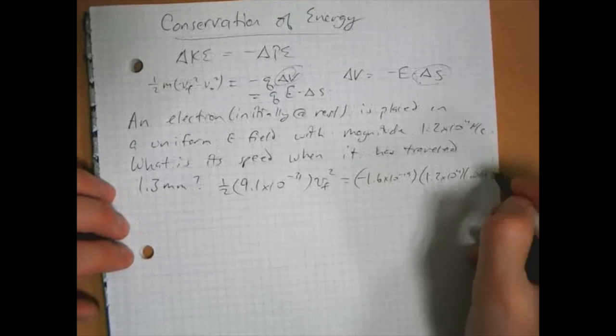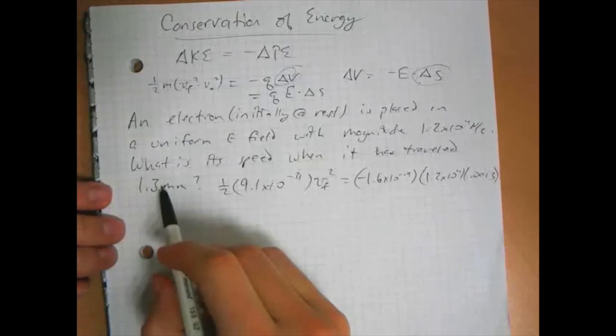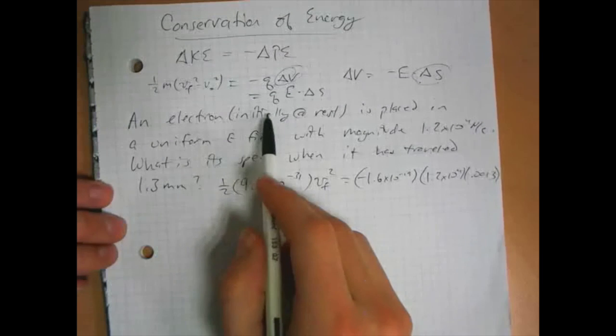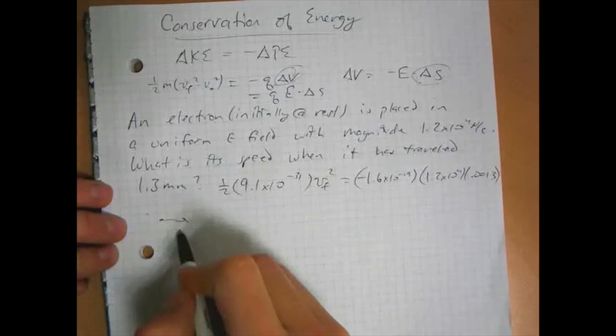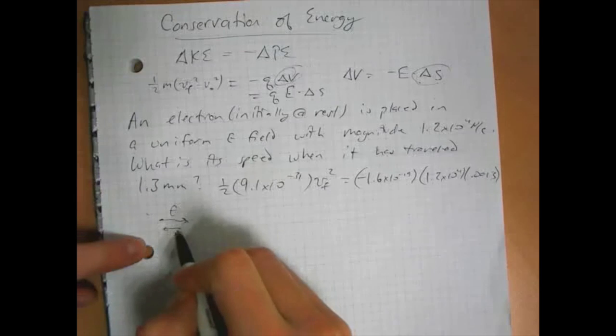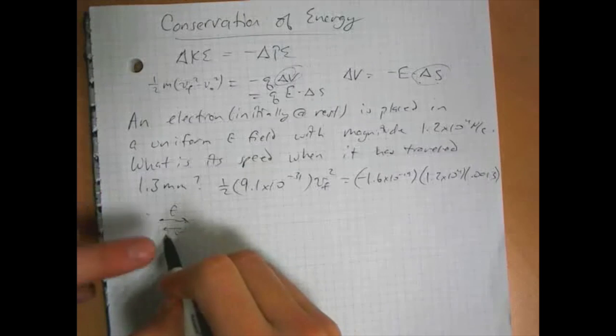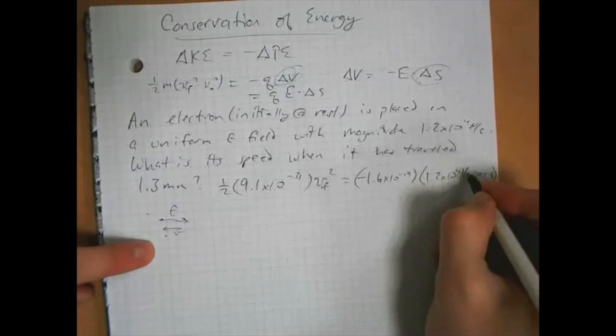But this is an electron, which means that if the E field is pointing to the right, the electron is going to move to the left. Since that displacement is in the direction opposite the electric field, it's negative 0.0013.